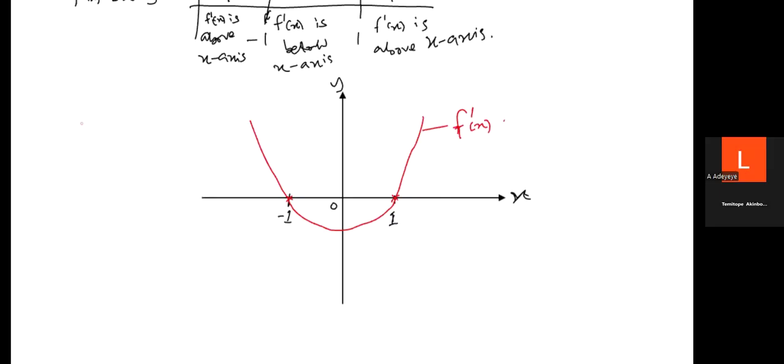I will now show you the original graph and the derivative from the graphing utility. You're drawing it, sir. Okay.